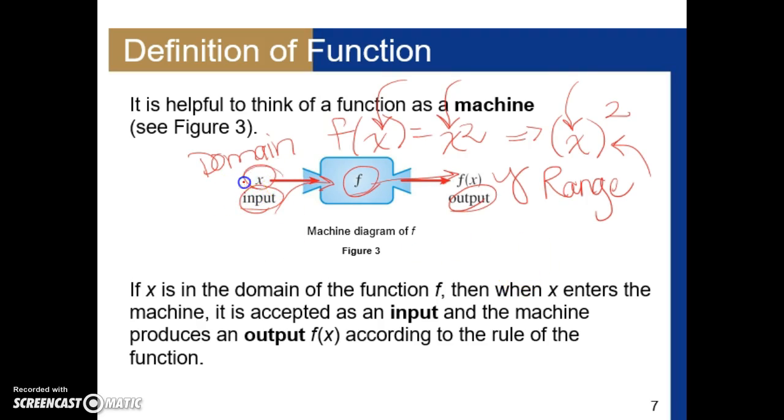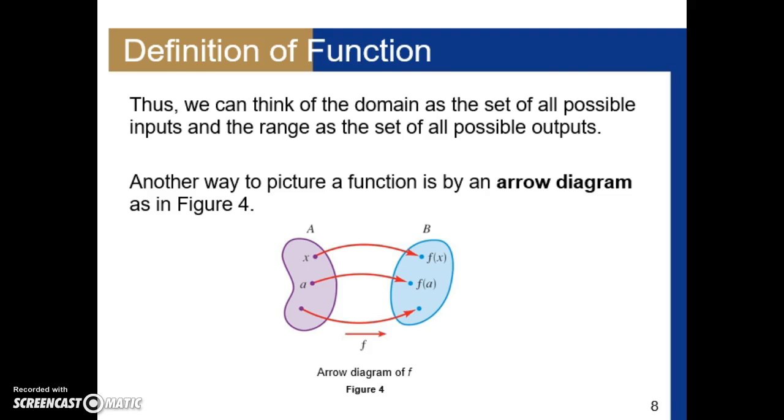So we have input values or domain values that lead to output values or y values that come from the domain and map us to the range. So we know that we have all of those values to keep up with. We think of the domain as all the possible input values that we can put into this function, and the range is all the possible outputs.